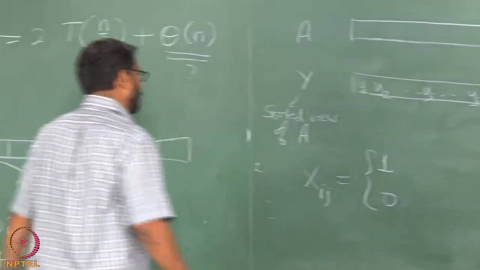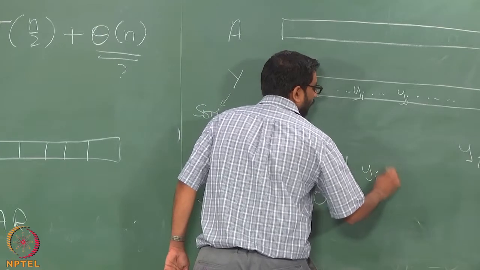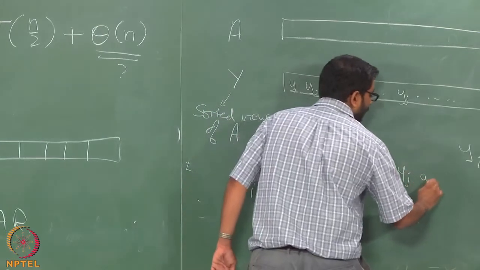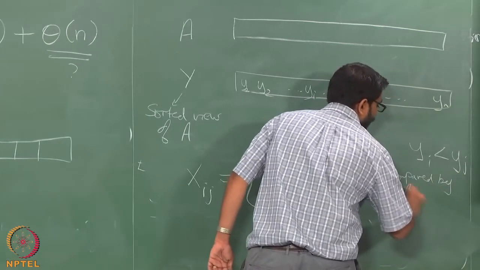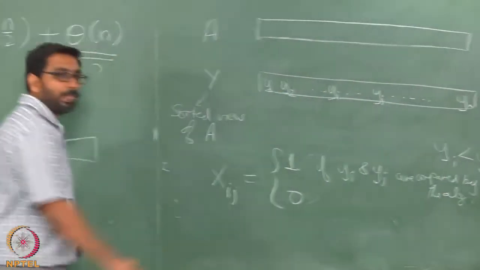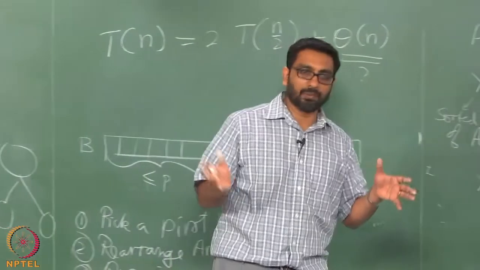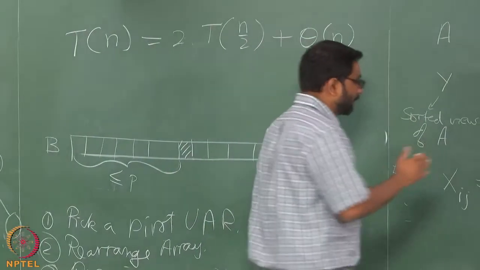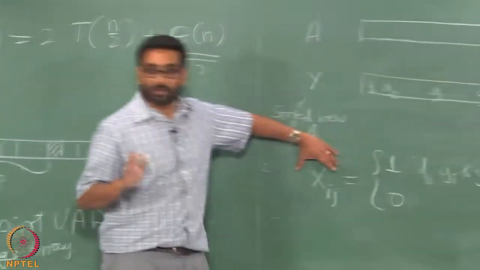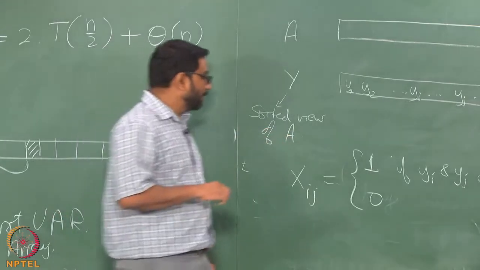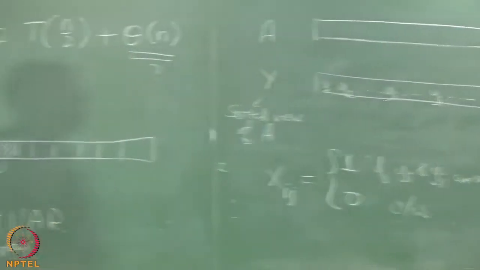It's a 1 if Yi and Yj are compared by the algorithm. Because of randomization, there is no guarantee that Yi and Yj will be compared. They may be compared, they may not be compared. If it's compared, then Xij is going to take the value 1. If it's not compared, Xij is going to take the value 0, 0 otherwise.